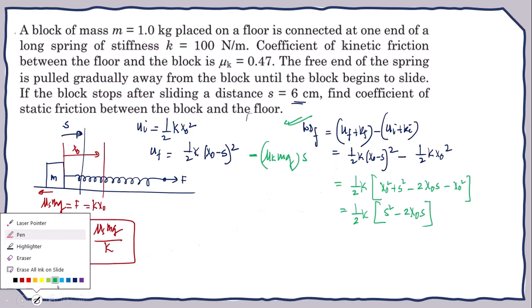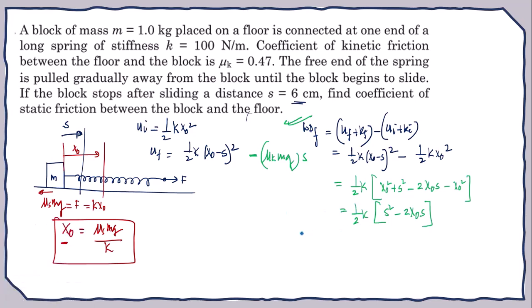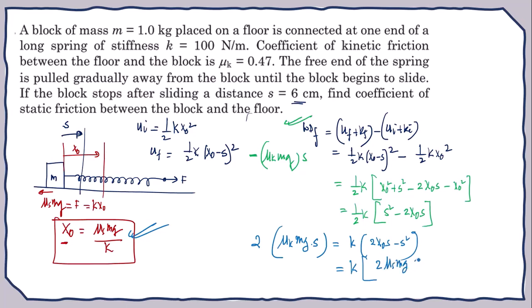Arranging the signs, mu k mg into s into 2 equals k into 2 x naught s minus s square. Putting the value of x naught, which is mu s mg by k, we get k times 2 mu s mg s by k minus s square. That gives the value of mu s.